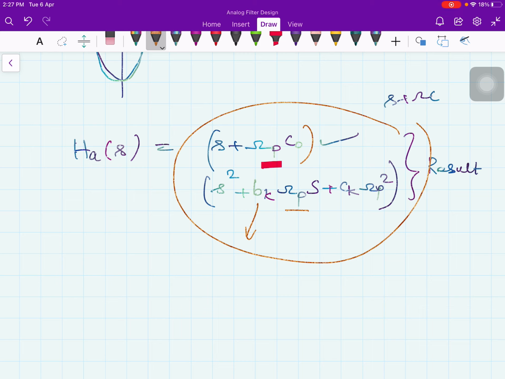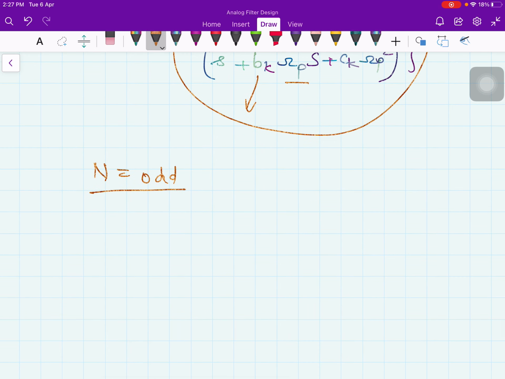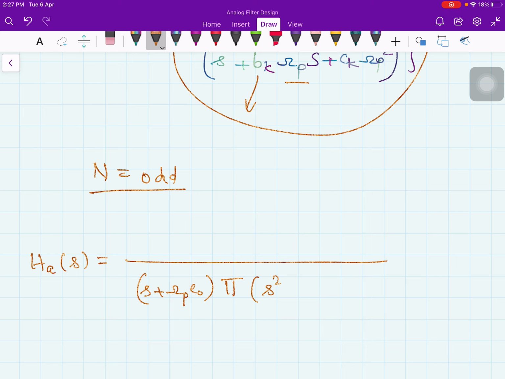In other words, when capital N is odd, then the transfer function HA of s is equal to s plus omega p c naught multiplied by the continued product of s squared plus bk omega p s plus ck omega p squared.